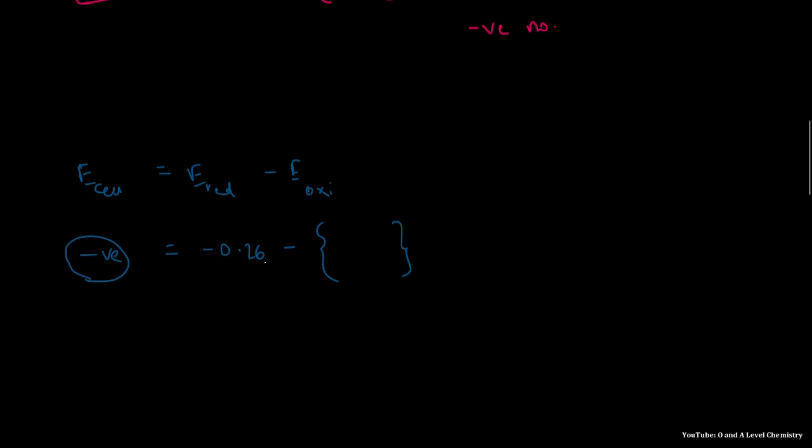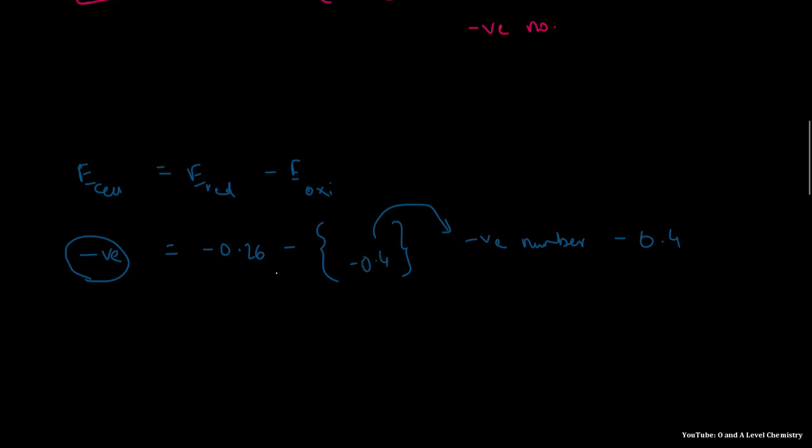So in order for this to become negative, I can have a negative number that in magnitude has to be more than 0.26, right?